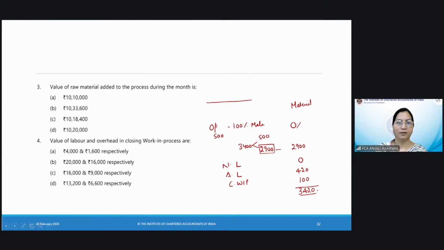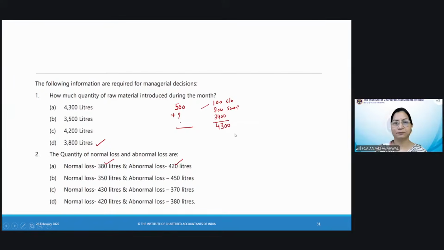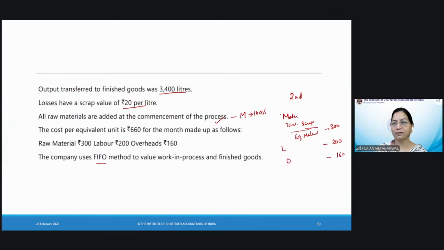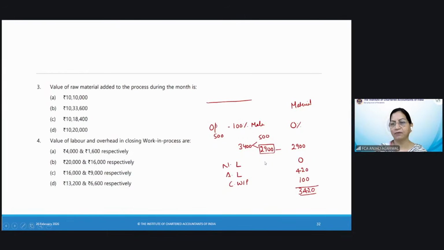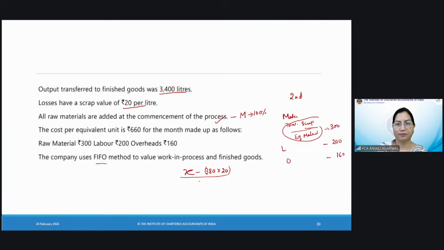Okay. Now coming on to this. We don't know the total cost, but we know the scrap realized, 380 into 20. And this when divided by equivalent units of material, 3,420, gives us 300 rupee per unit.